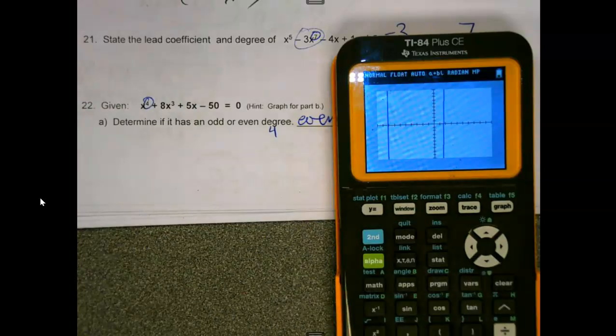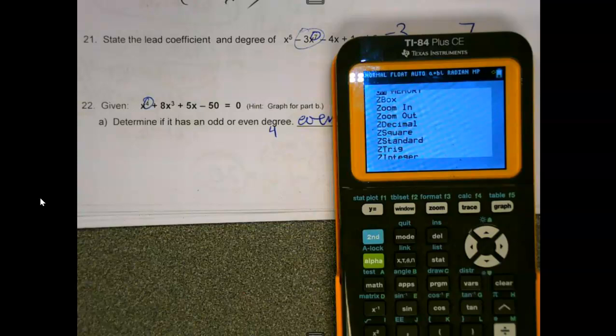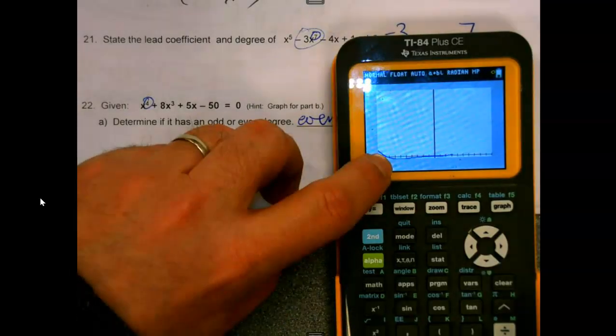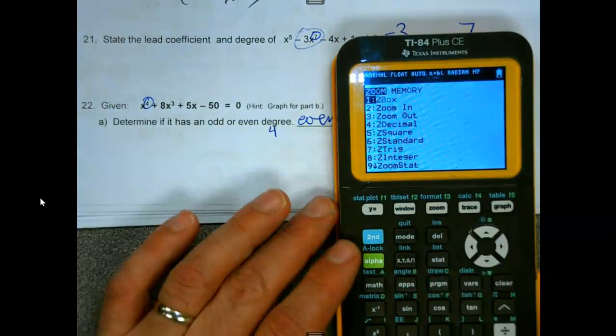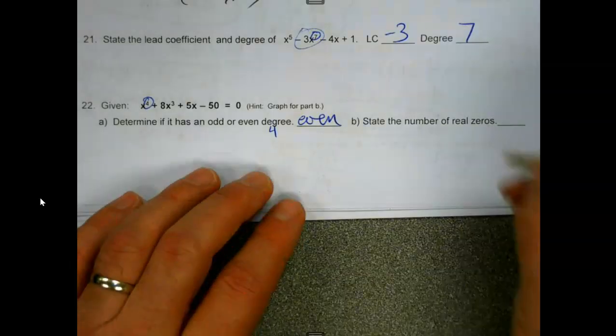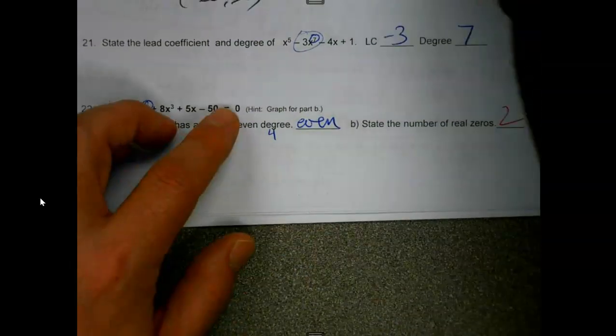Right now I see 2, but what if the graph is funky? So let's try zoom 0 just to see if we get a different look, because we might. Okay, so there's 1. We're hugging the line, and we're going back through. So it's still 2. So that's all you need on that. Let the calculator do its magic. Don't try and make it fancy.